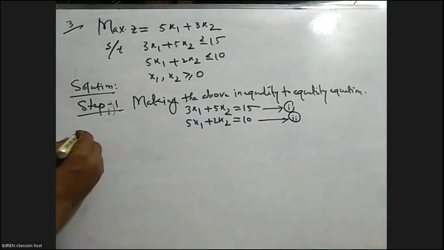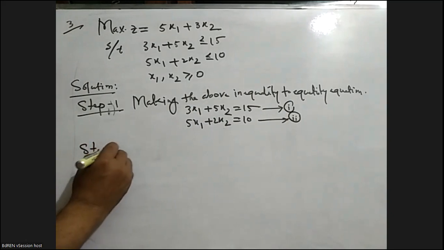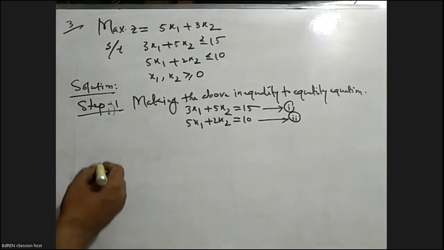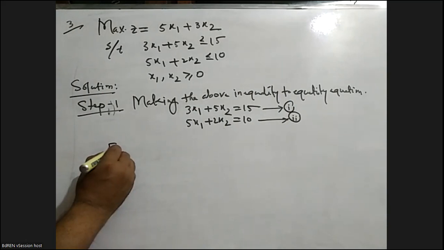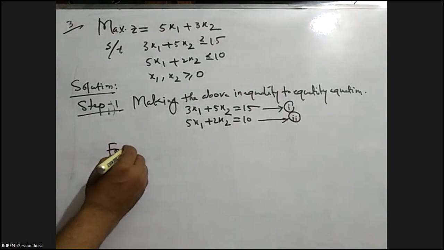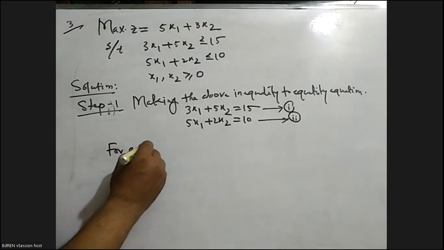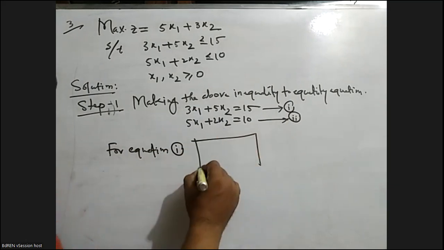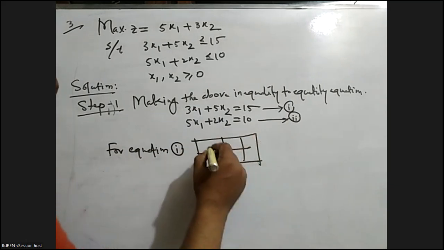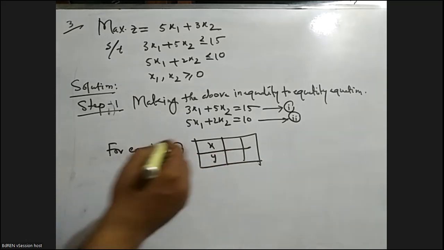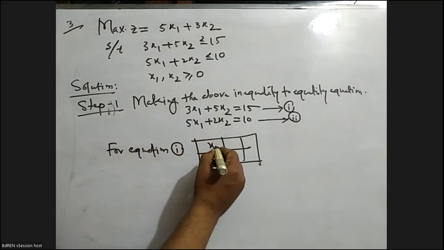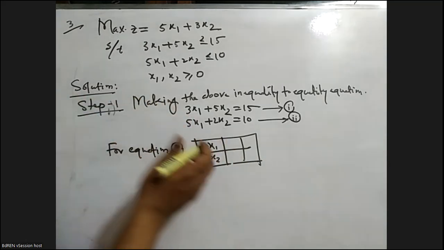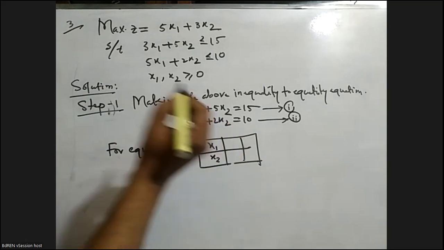Now step 2. Sorry, we have to find the coordinates before that. For equation 1, you can draw the box with x, y. Now in the place of y we are putting x2 and in the place of x we are putting x1.